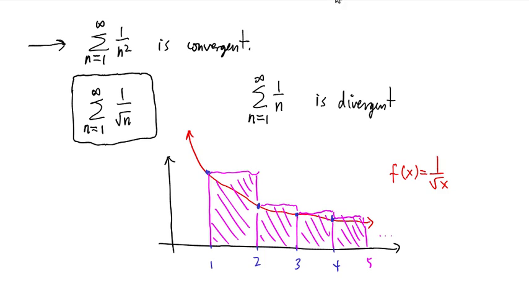And just like we did before, we can see that each of these rectangles is slightly larger than the curve itself. And so whatever our series is, its value has to be bigger than the area underneath the curve. And the area underneath this curve is, of course, given by an improper integral, which we can compute. So this is the improper integral right here.